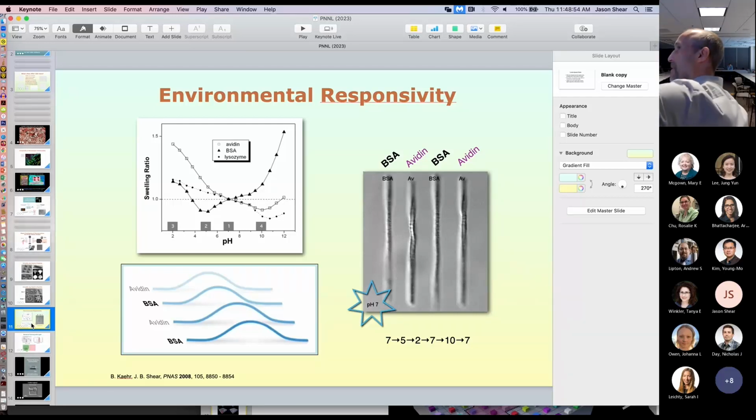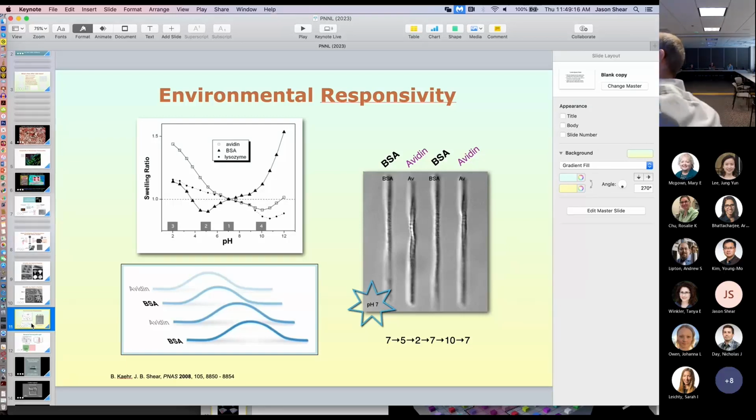And we evaluated what we call the swelling ratio. It's basically a measure of how the size of a structure changes in our optical microscope relative to its size at pH 7. So everything's going to have a swelling ratio of 1 at pH 7.